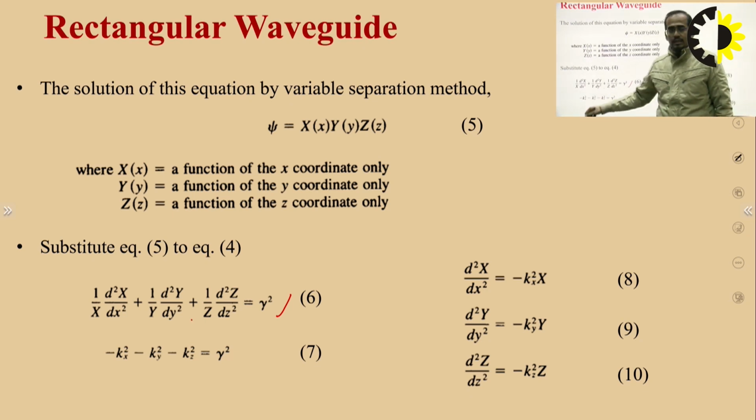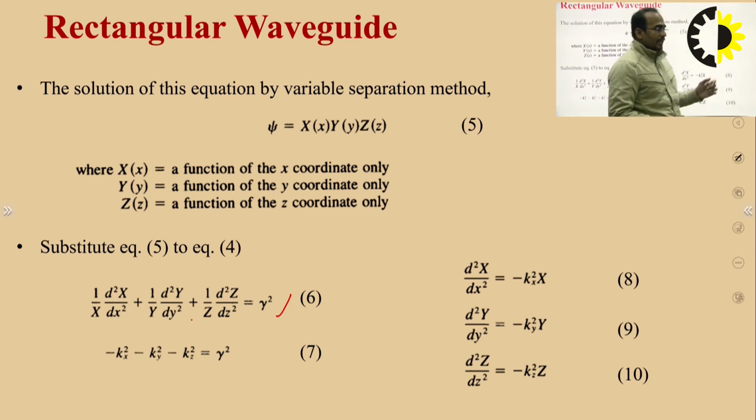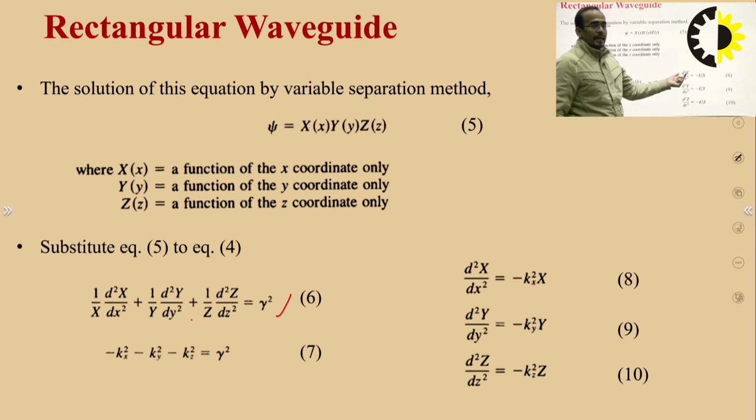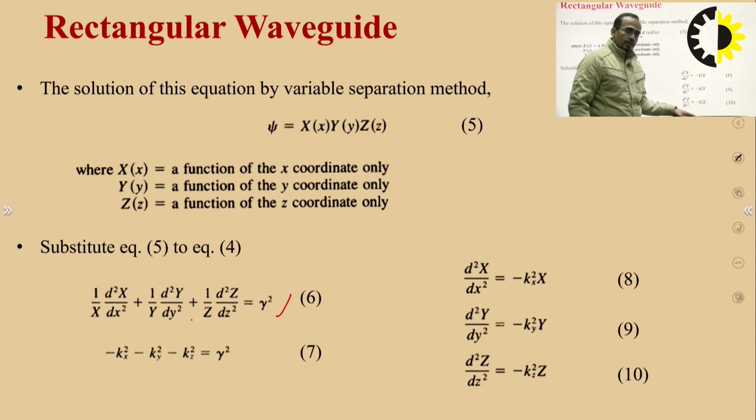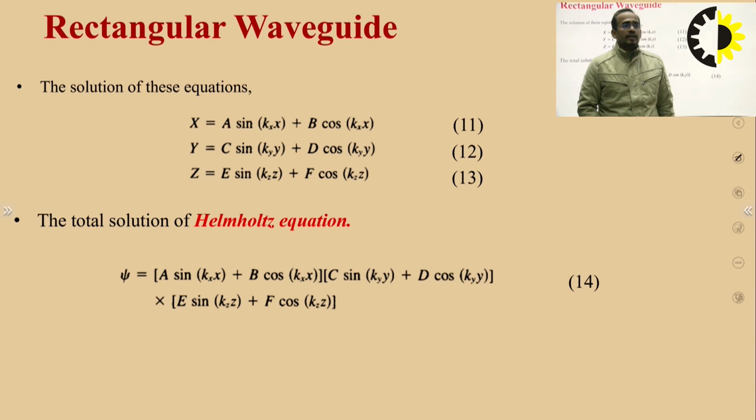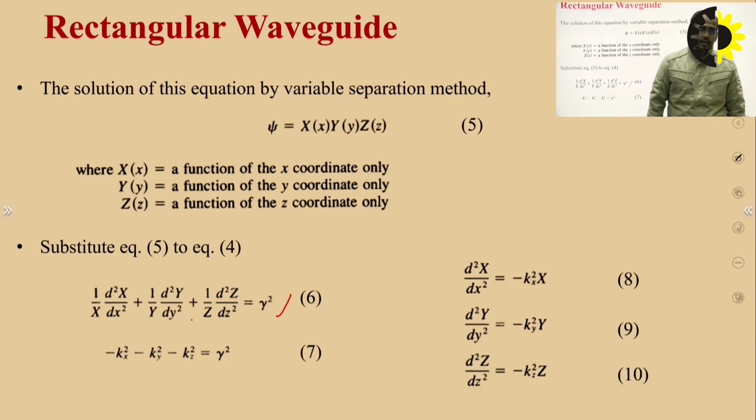So I have replaced d square X by dx square by minus kx square into X, d square Y by dy square is equal to minus ky square into Y, and d square Z by dz square is equal to minus kz square into Z. So this is the solution of the equation 4.